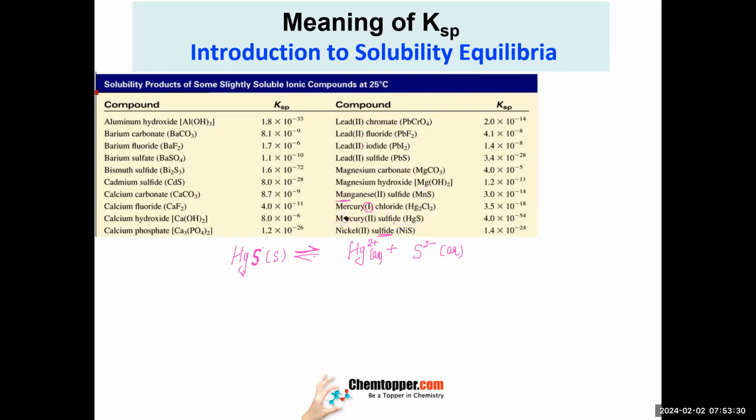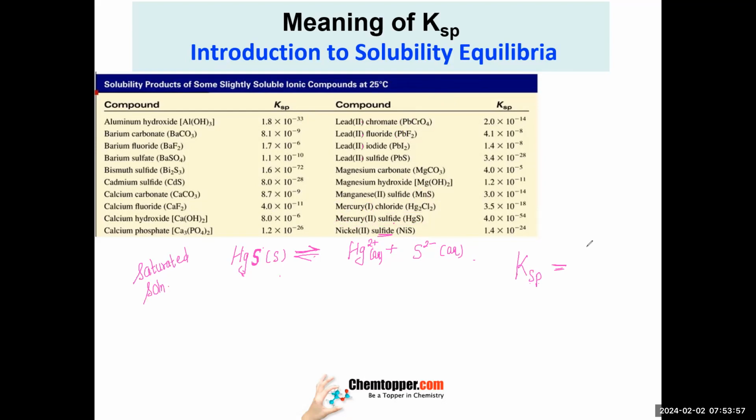Just a review. Okay, so this is the equilibrium. This is a saturated solution. What is the K expression, which I'm going to call Ksp? You will come to know why. Solubility product, solid into solution. What's the Ksp expression for this equilibrium, children?